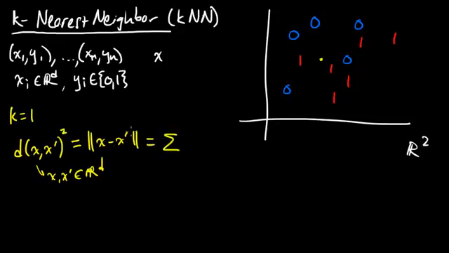If we square it, then the formula is a little bit simpler. It's the sum, as k goes from 1 to d, of the squares of the differences of the individual coordinates of xi and xj.